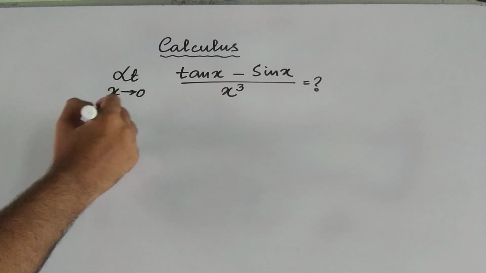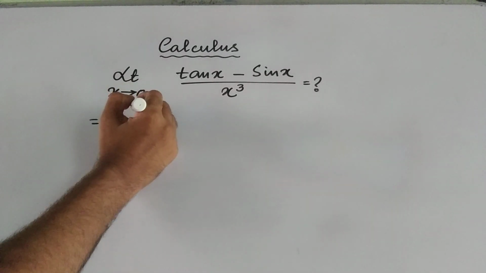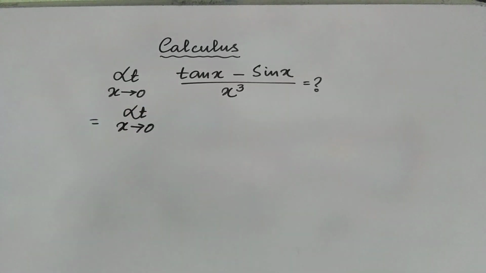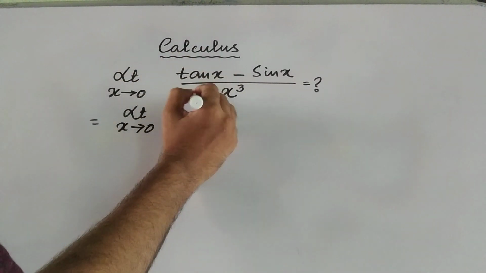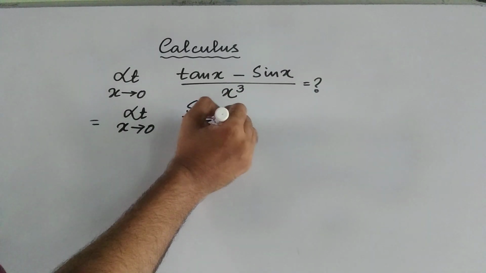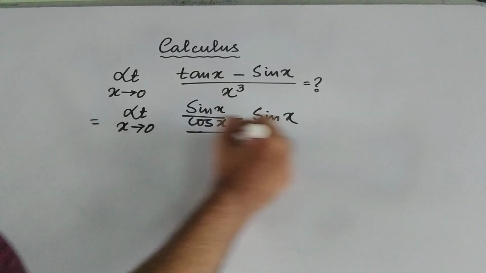I shall be using some basic formulas for getting this derived. So for deriving this, I am writing tan x as sin x by cos x, and it is minus sin x in the numerator divided by x cube.